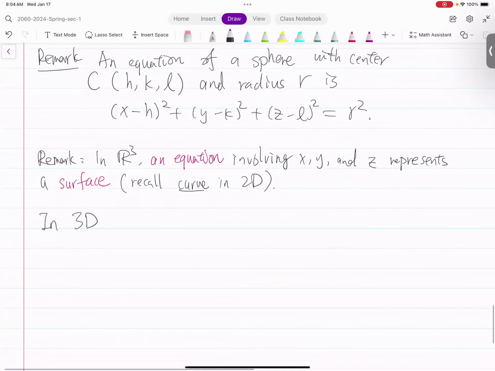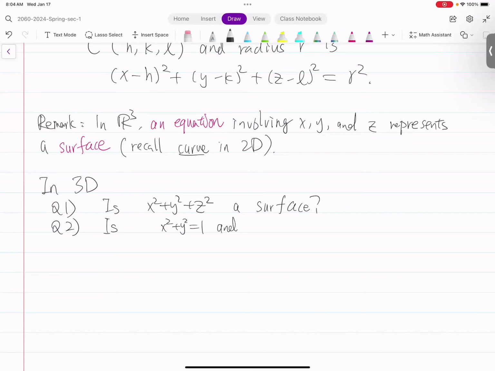Two: is a combination of two equations, namely x squared plus y squared equals 1 and z equals 3, a surface? Stop video.